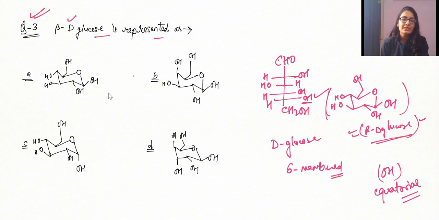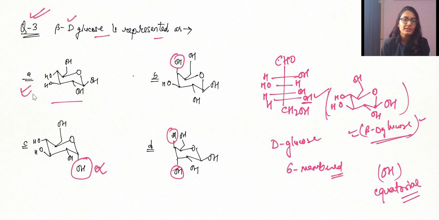Because it would be very easy to answer direct questions like this. So over here you can see that in option A, all of them are equatorial. In option B, this one is axial, so definitely not going for that. Option D, both are axial. And option C, the anomeric OH is axial, which is going to give us the alpha D anomer.